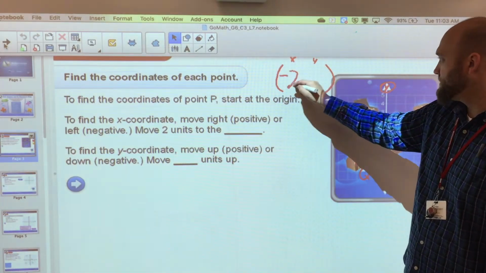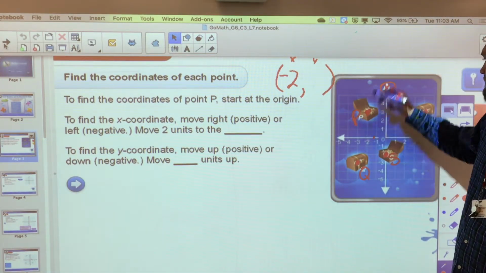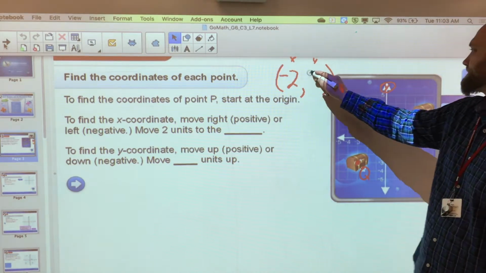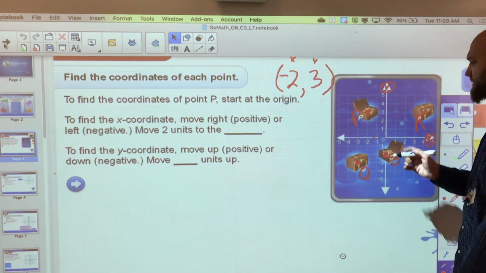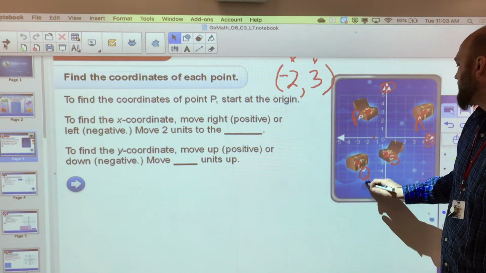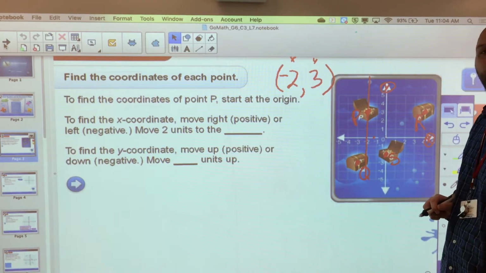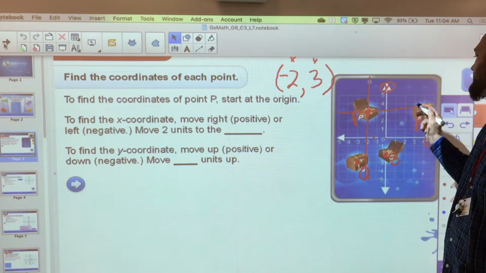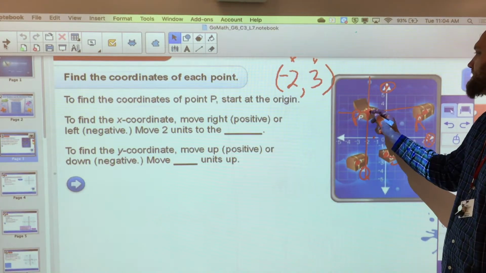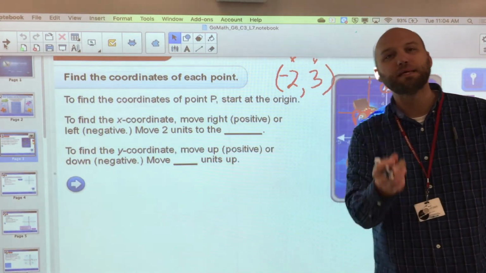It's a -2. And then I go to my y-axis, 1, 2, 3. -2, positive 3. So again, I come over and I'm on -2, and I intercept it at positive 3. -2, positive 3. That's the address where P lives.